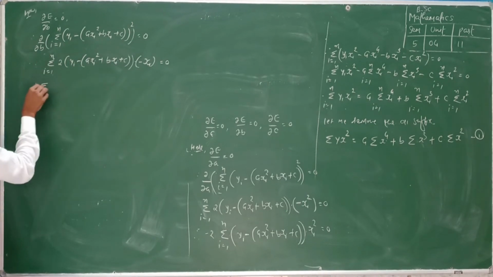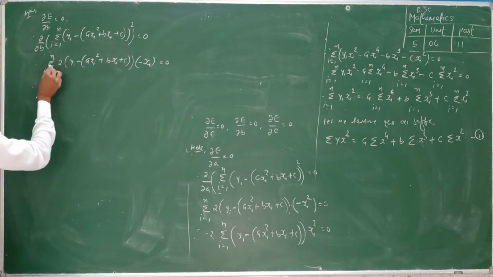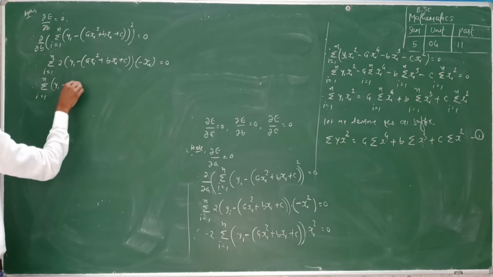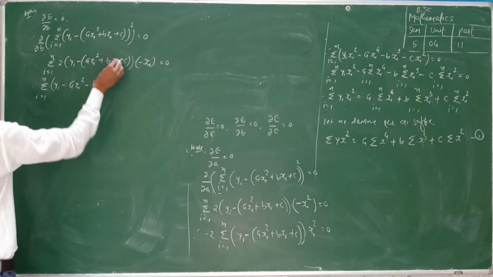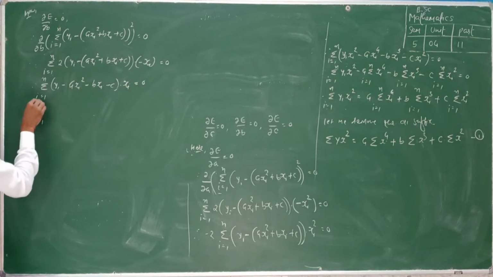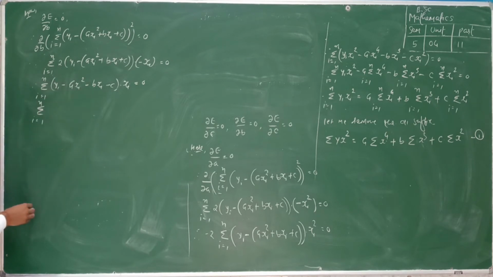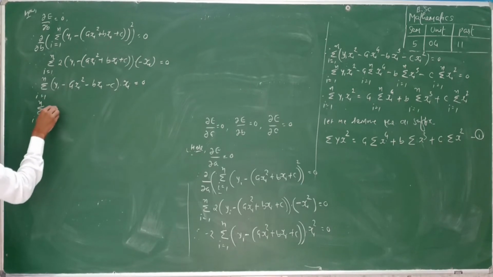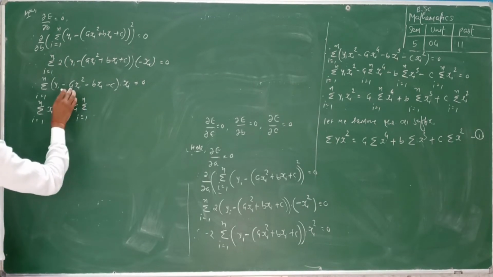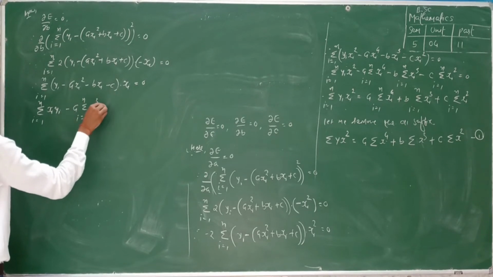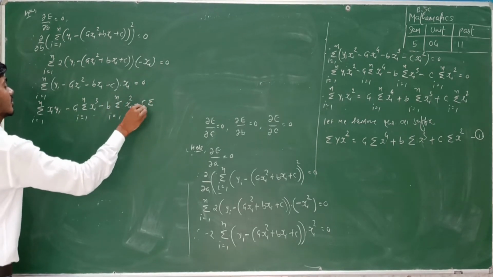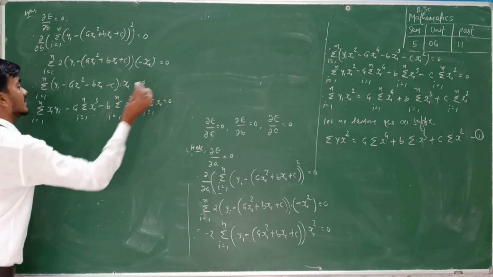Whatever terms remain, applying sigma to each term: sigma yi into yi minus axi square minus bxi minus c into xi is equal to 0, multiplying with xi and applying sigma to each term: sigma xi into yi minus a constant, sigma i = 1 to n xi square into xi, that means xi cube, minus b constant by i = 1 to n xi into xi square, c constant by i = 1 to n multiplying xi is equal to 0.